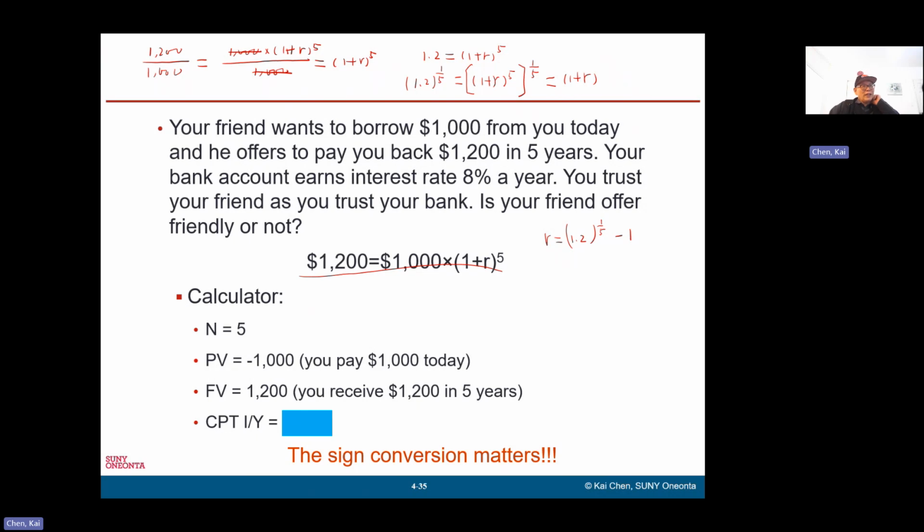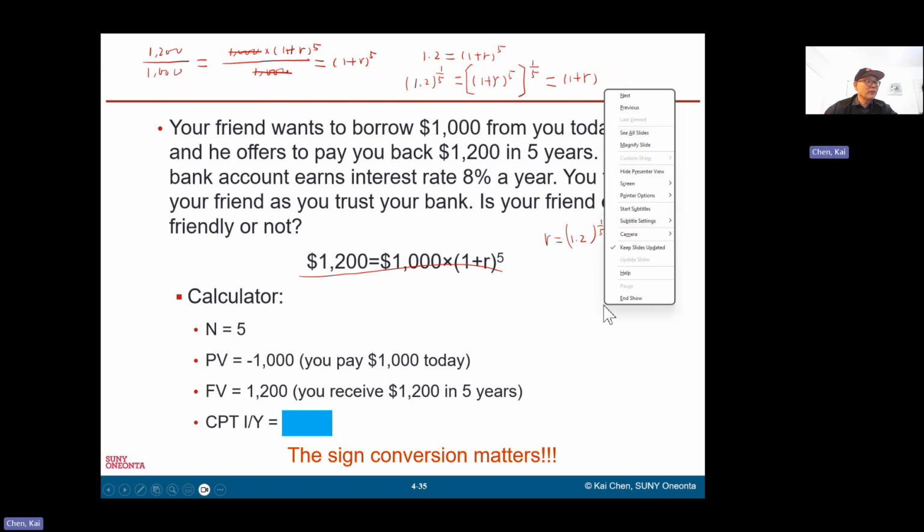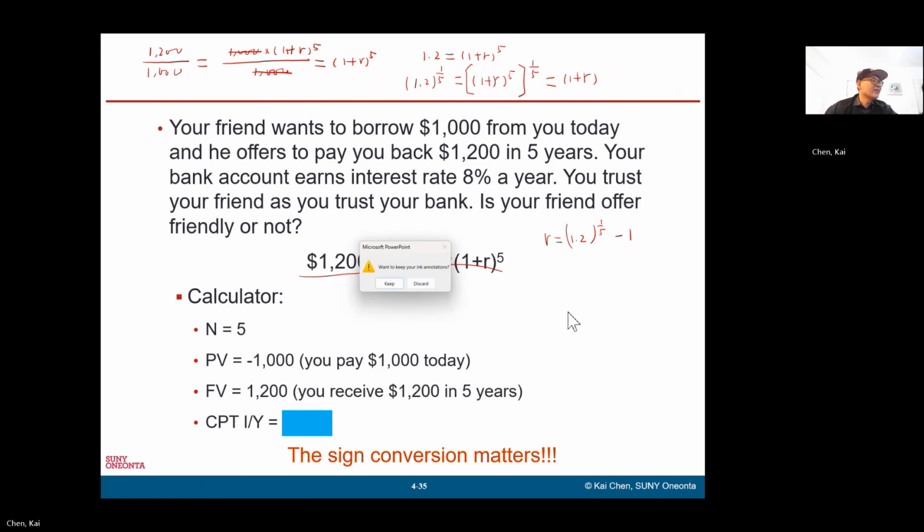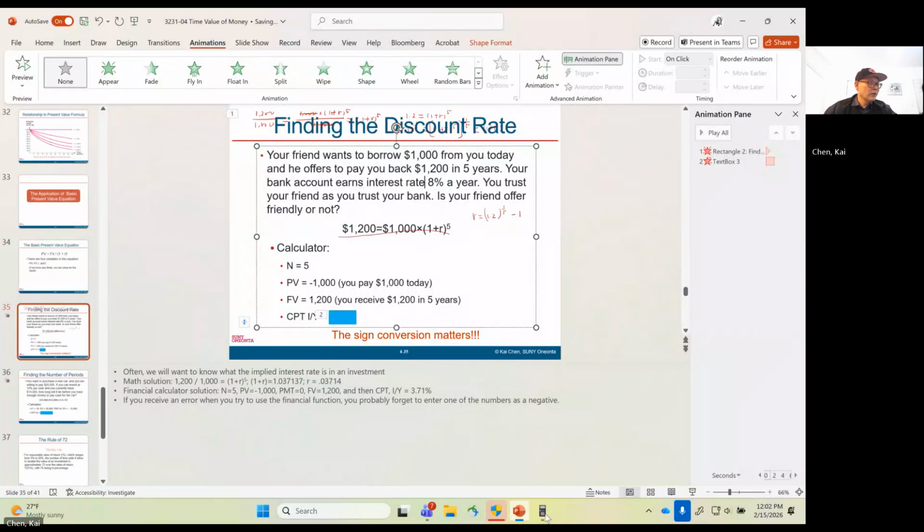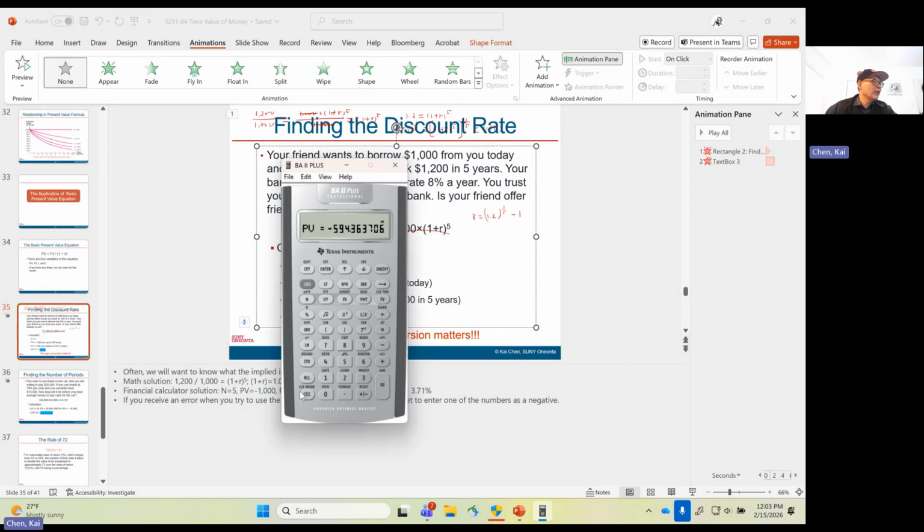Now I'm going to operate the calculator to get the answer. I'm going to clear the calculator. First of all, I'm going to calculate 1.2 raised to the power of 1 over 5. The base is 1.2.